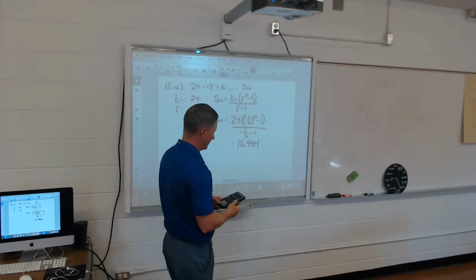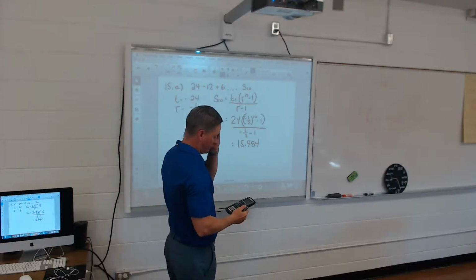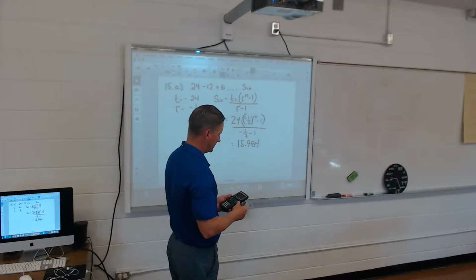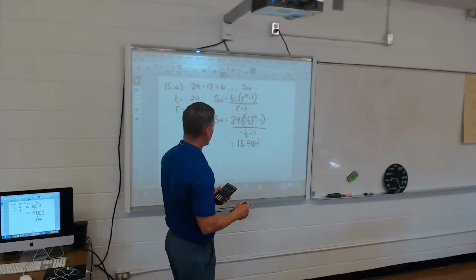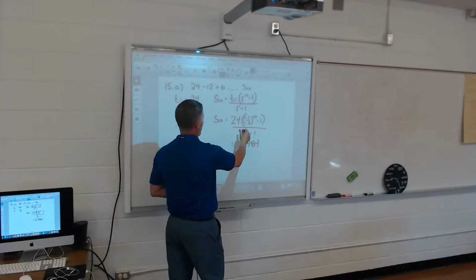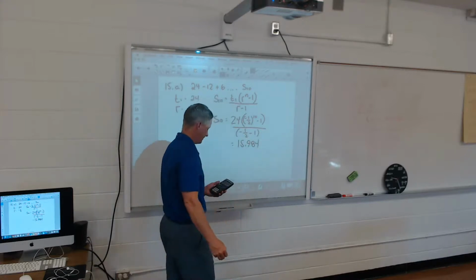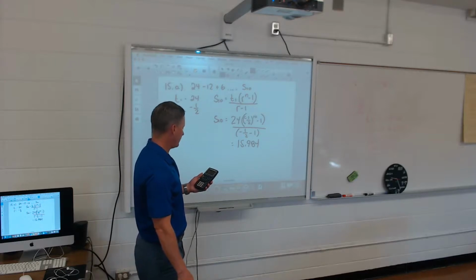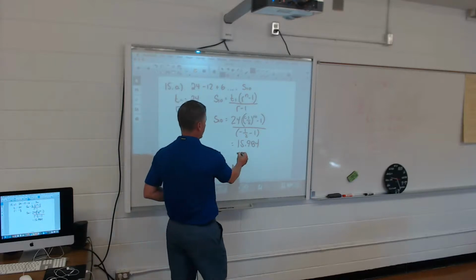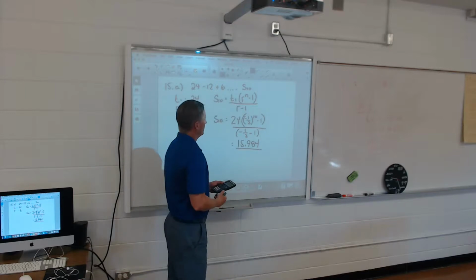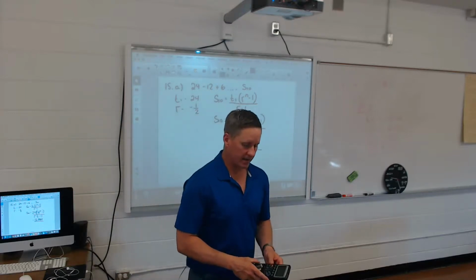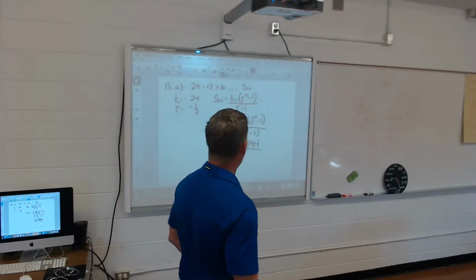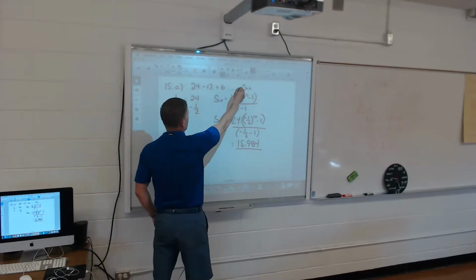Open the bracket for the top. I have negative 0.5 in brackets to the power of 10. Subtract 1, close the bracket. Open another bracket for down here, and that's negative 1.5 at the bottom. And this is what I get here, 15.984. So that is a finite geometric series in which I am finding the total.